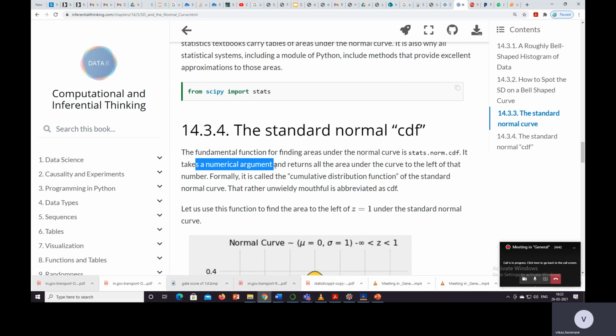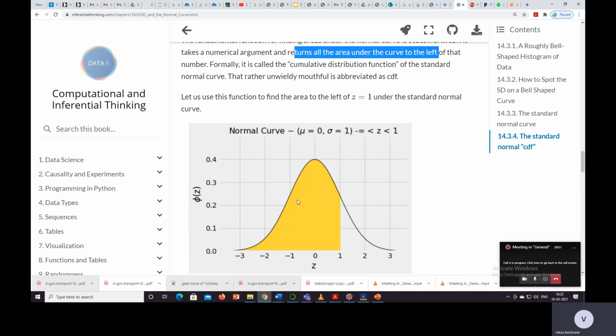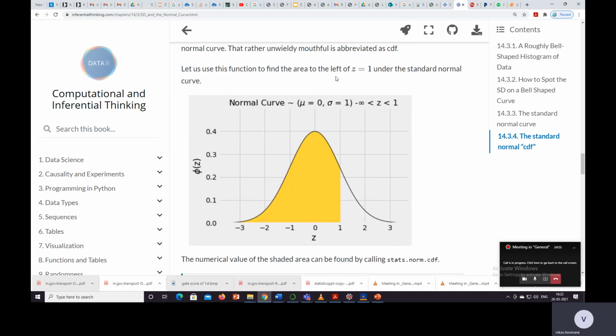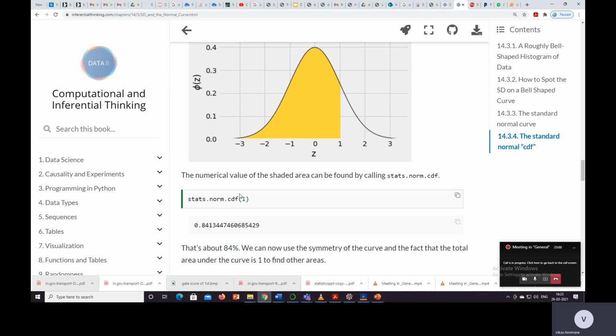It takes a numerical argument and returns the area under the curve to the left of that number. Luckily the question is the same as what the function gives. So stats.norm.cdf of 1 gives 0.84.